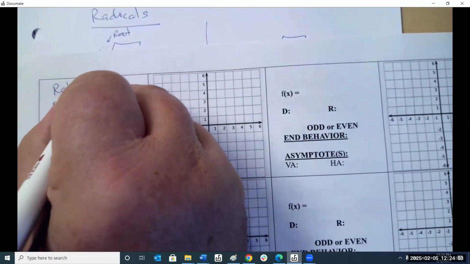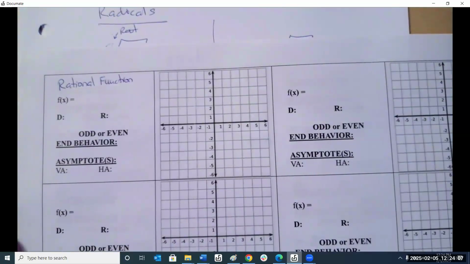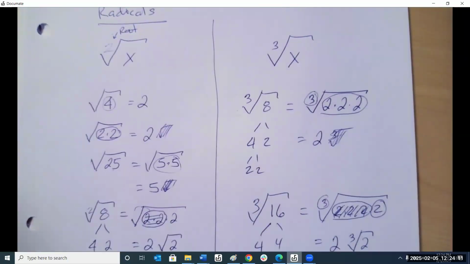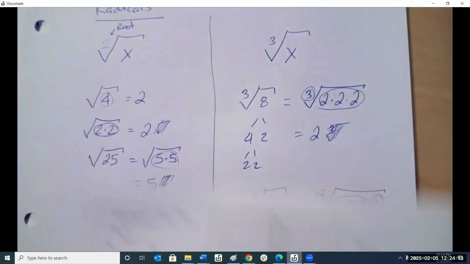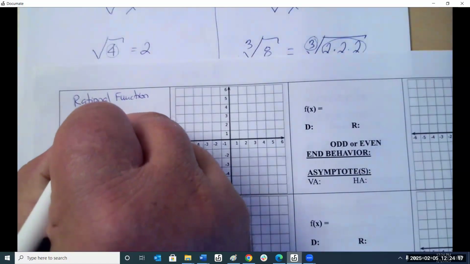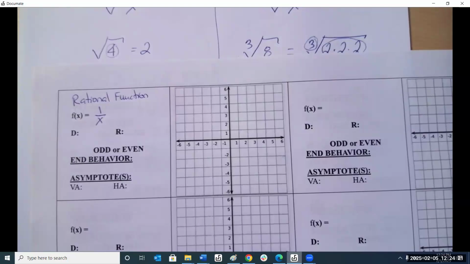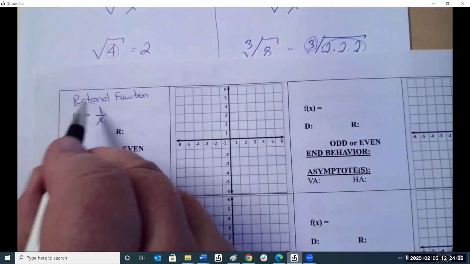Now, a rational function. What does rational mean? We've talked about radicals down here, but what's a rational? It's a fraction, 1 over x. Ratio, exactly, the first 5 letters is ratio.